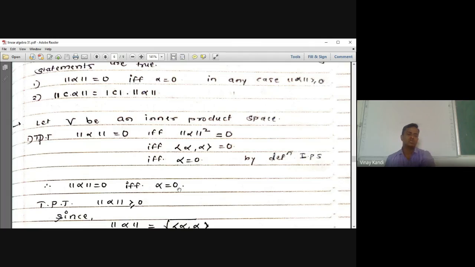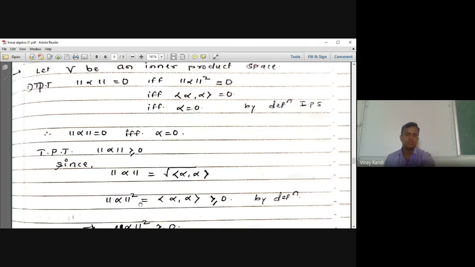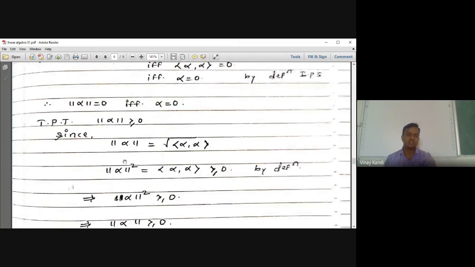Now, to prove that norm of alpha is non-negative, that is, norm of alpha is greater than or equal to 0. By the definition of norm, norm of alpha is the positive square root of the inner product of alpha with alpha, which implies norm of alpha square is equal to the inner product of alpha with alpha.